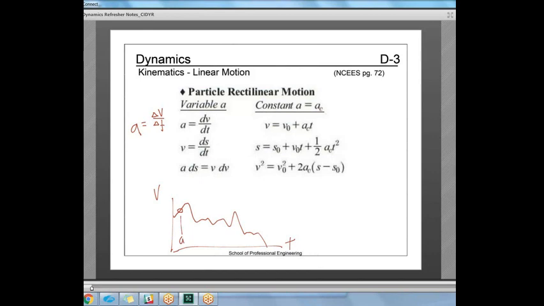And if we wanted to measure acceleration, for example, from this graph, we'd have to zoom in on a tiny little area and say, at this instant, the acceleration can be calculated by looking at the change in velocity over the change in time. And when we're looking at a tiny instant like that, we use dv over dt to indicate a tiny differential bit.